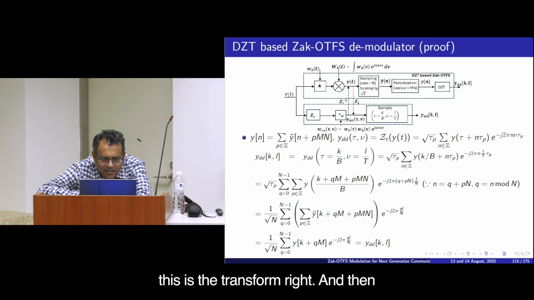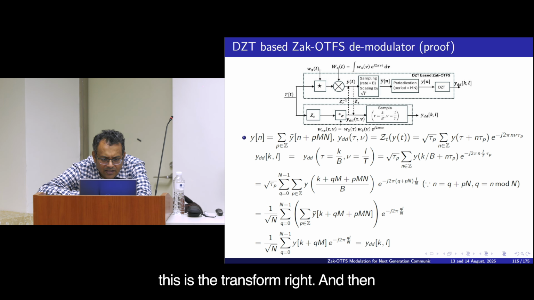Y tilde is limited, but by doing this, I get this y of n, which now is not limited. This y of n is actually periodic with period M times N, and I need to do that because the DZT is only defined for a periodic sequence. Only periodic discrete time sequences can give you a quasi-periodic delay Doppler signal, right? That's why I had to do this periodization.